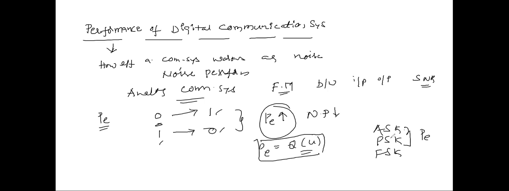Based on that, we can compare one system with another and comment on which one is best, which is poor, which is weak, which is strong. All these performances are with respect to noise only. When you talk about the performance of a system, you are talking about how effectively that system is acting with respect to noise.